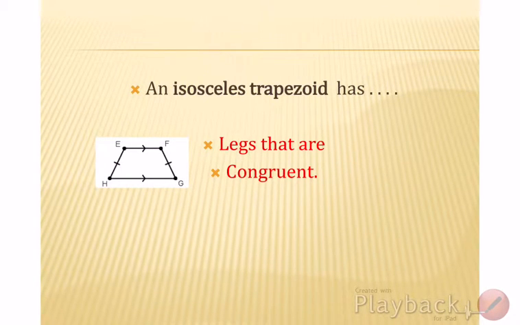There's a special kind of trapezoid called an isosceles trapezoid, where the legs are actually congruent. So in this picture we can see that the sides that are parallel are not congruent, but the legs, between the bases, are congruent.